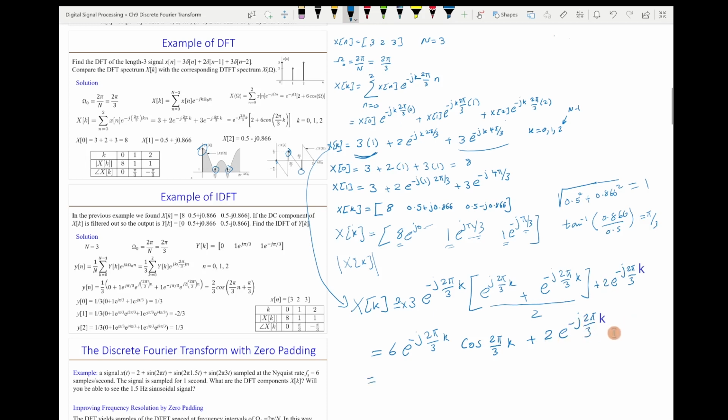Now I will combine these two terms, this term and this term, by taking a common factor, which is this. So then this will be 2. What's left from here is 3 cosine. What's left from here is just 1, or is the same as.